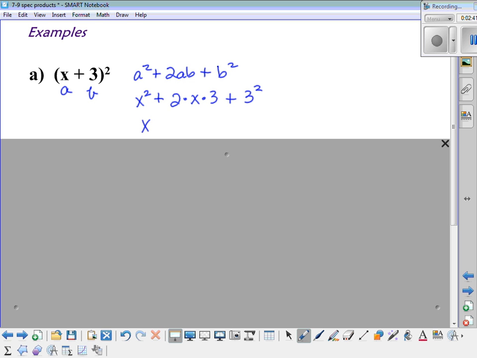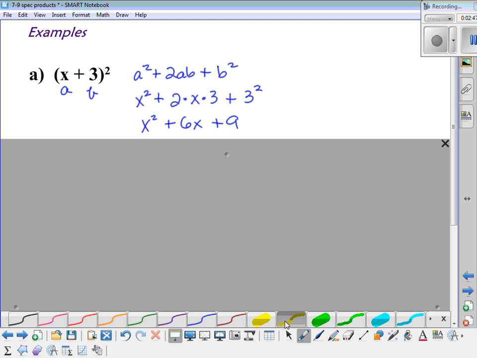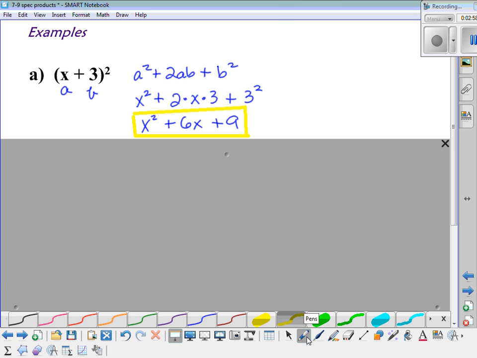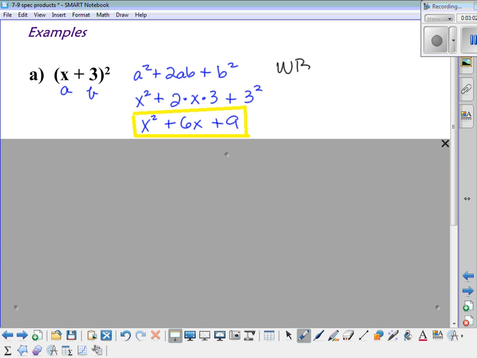And then you just simplify it. 2 times x times 3 comes out to 6x plus 9. So you can still do it the way we did before, or if you memorize the pattern, you can take a shortcut with the pattern. Okay? Are there questions on what I did there? All right. So on your whiteboards, let's have you guys give this one a try.